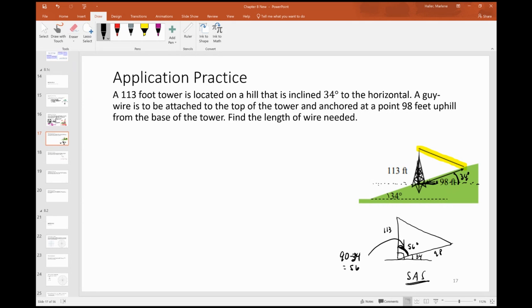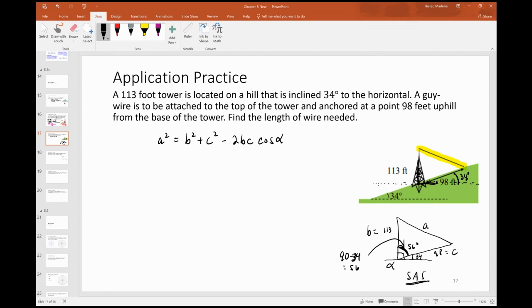With the law of cosines, if I call this side up here a, and this angle that's 56 degrees alpha, and have b and c, we could say b was 113 and c was 98. So I can use the version of the law of cosines: a squared equals b squared plus c squared minus 2bc times the cosine of alpha.